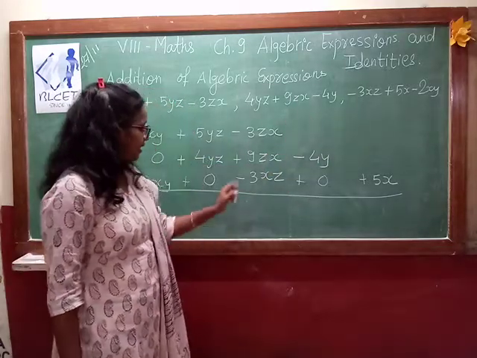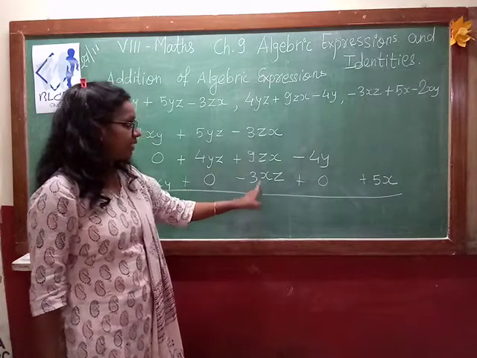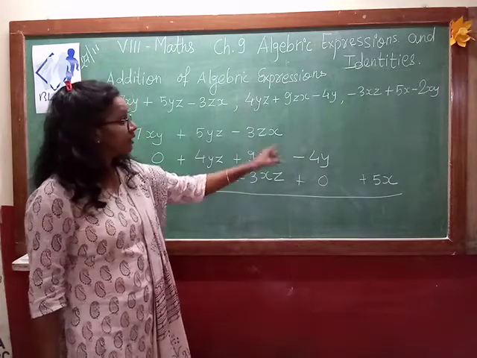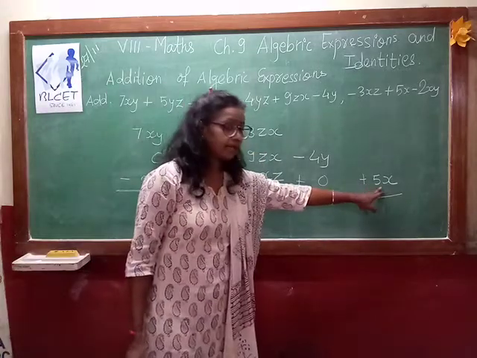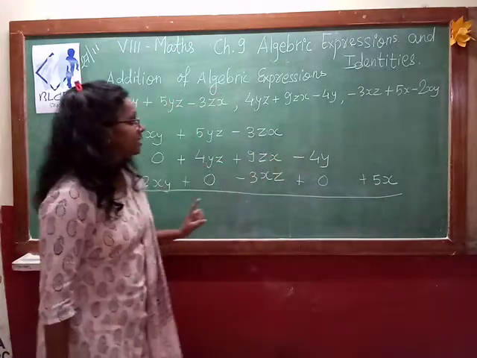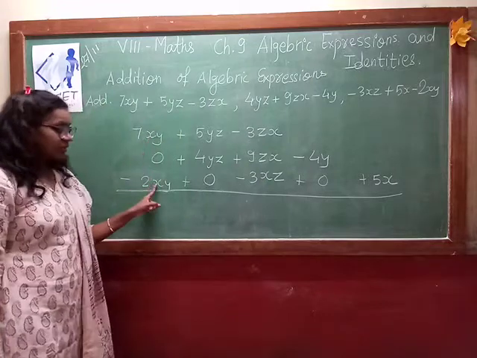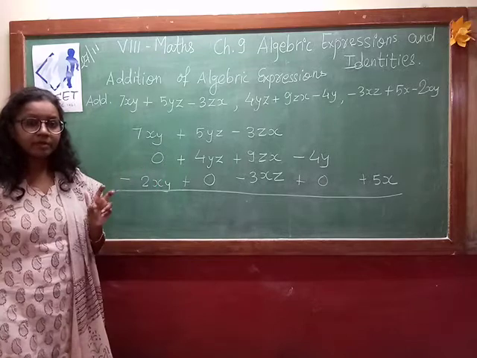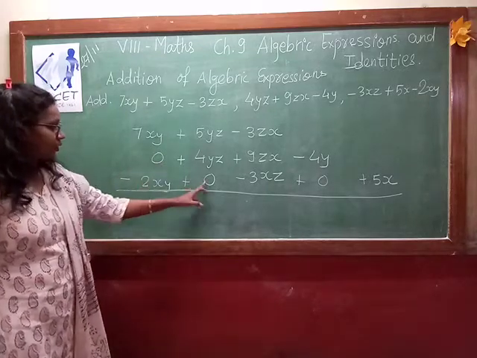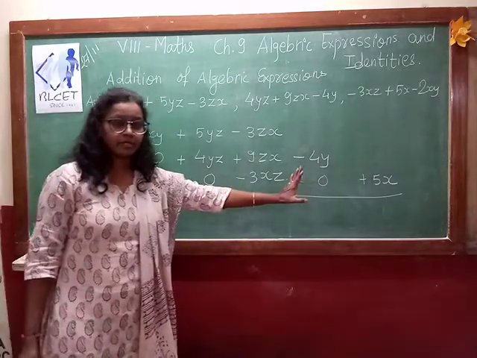Third, minus 3xz, which will go wherever zx terms are there. Then next is 5x. There is no 5x term, so write it at the last. And the last one is minus 2xy. So below xy terms you have to write xy. Now wherever there is a blank place, keep 0. So you will not make any mistakes.